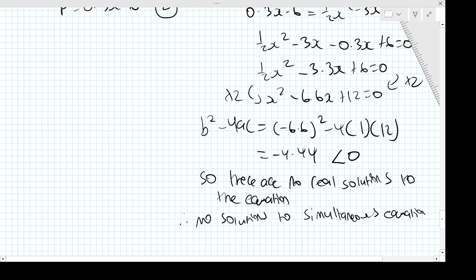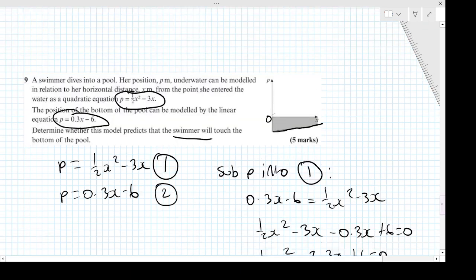which means that if we consider plotting these two graphs, because there's no solutions to these two equations when they cross, that means they can't cross, right? Because there's no solutions to simultaneous equations, and we discussed right at the start that when two curves cross together, their graphs intersect.